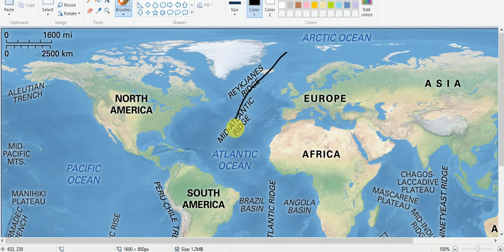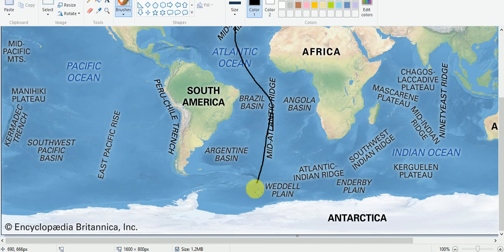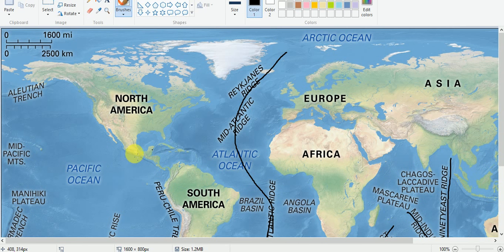Here we have the mid-Atlantic ridge, and here the Atlantic-Indian ridge, then Southwest Indian ridge, then mid-Indian ridge. So many ridges are here. Then the 90 East ridge. So these are the important oceanic ridges found below the sea.